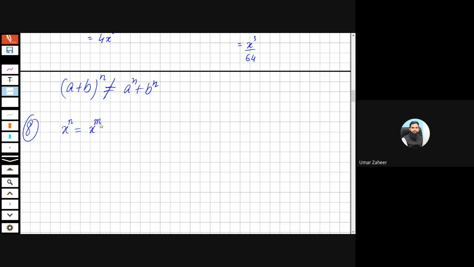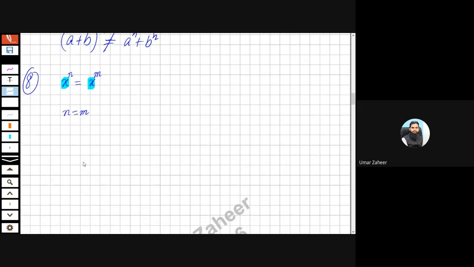Now this is the new lecture that we are going to start, the new rule. If you have two numbers with an equality sign between them, having the same base, and they are equal, this means that their powers must be equal.